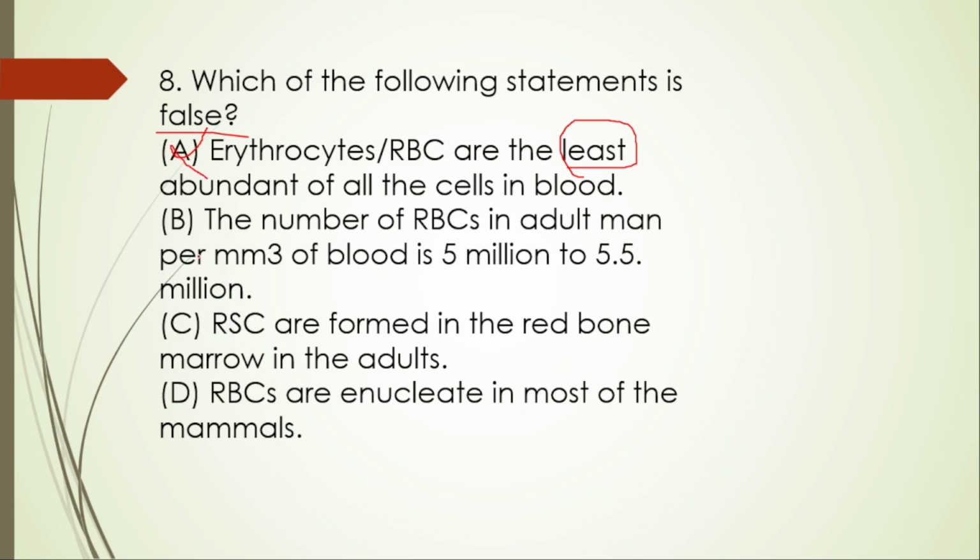Next, let us see all these also. The number of RBCs in adult man per mm cube of blood is 5 million to 5.5 million. Of course this one is right. And next one, RBC are formed in red bone marrow in the adults.